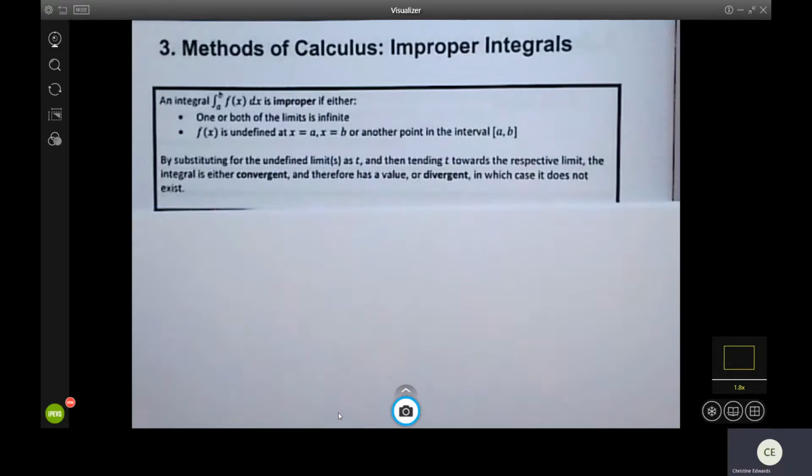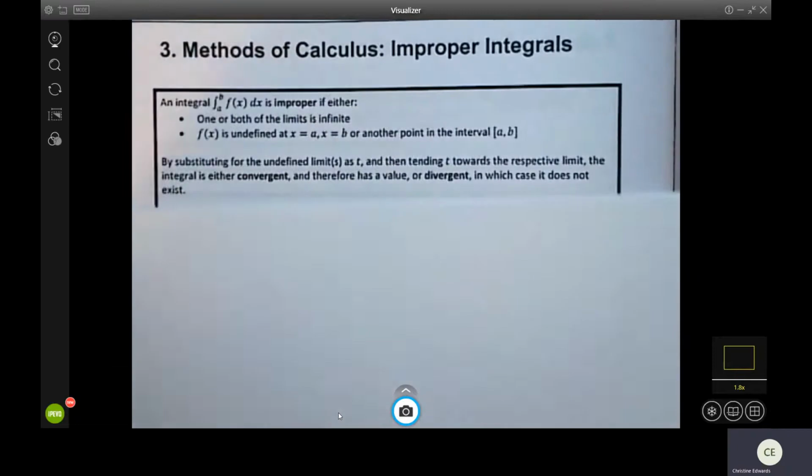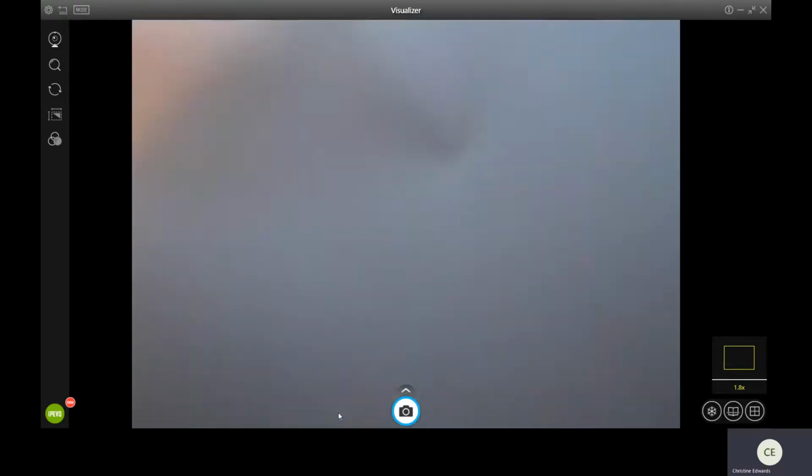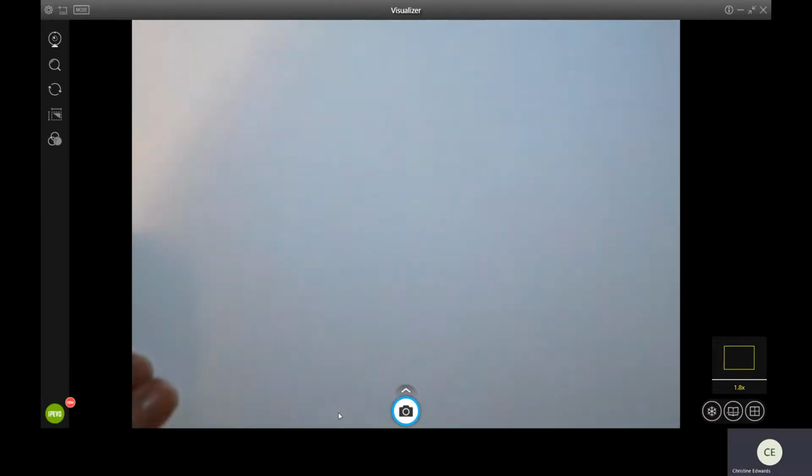So let's have a look at example 2 on page 19. Now, in this case, I've completed the solutions in advance and we're going to talk through them.